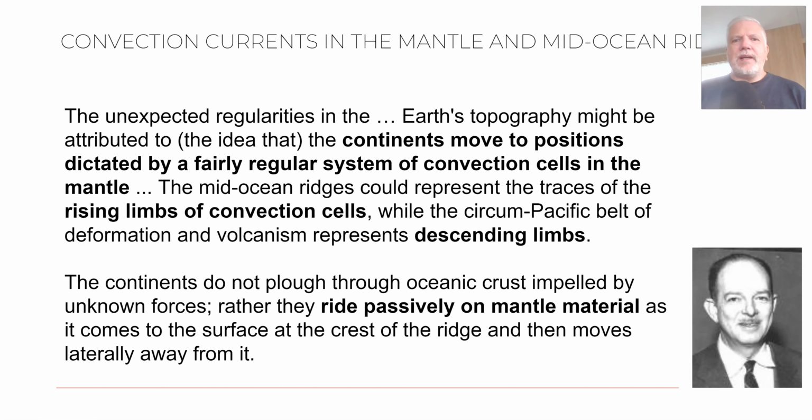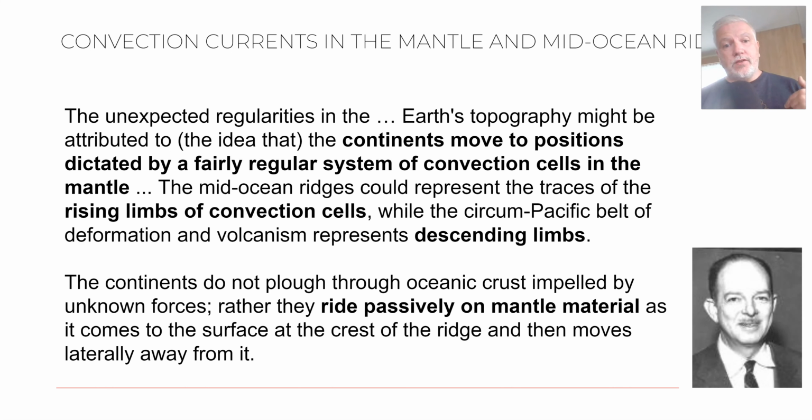So what did he find? He said the unexpected regularities in the Earth's topography, the ridges and the trenches, might be attributed to the idea that the continents move to positions dictated by a fairly regular system of convection cells in the mantle, as per Holmes. The ocean ridges could represent the traces of the rising limbs of the convection cell, while the circum-Pacific belt of deformation, that's your trenches, and volcanism, represents the descending limbs.